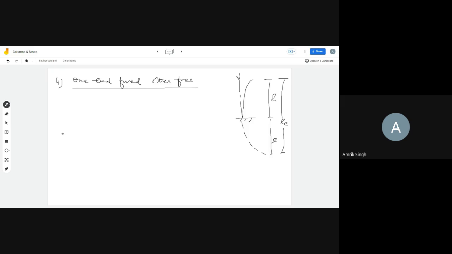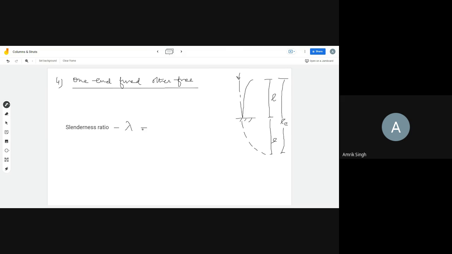Now next is what is the slenderness ratio. Slenderness ratio. It is denoted by delta.